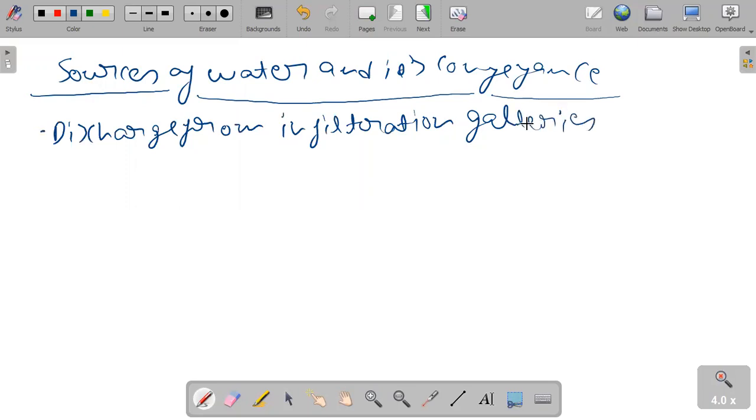For this we have a formula: Q is equal to KL (H square minus h square) upon 2R.